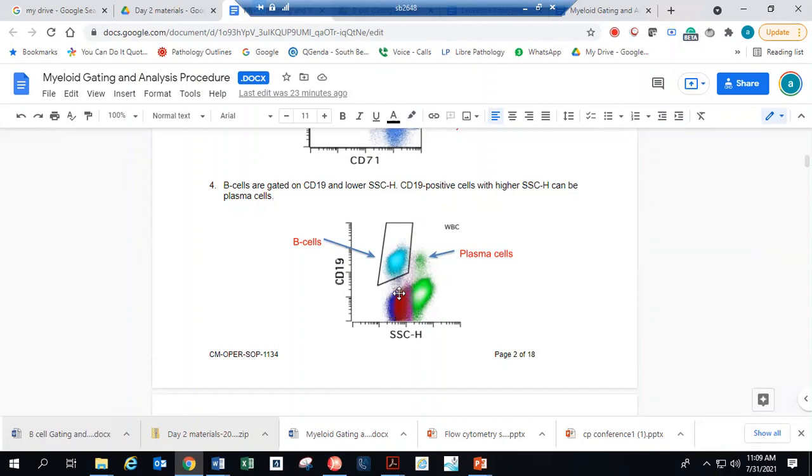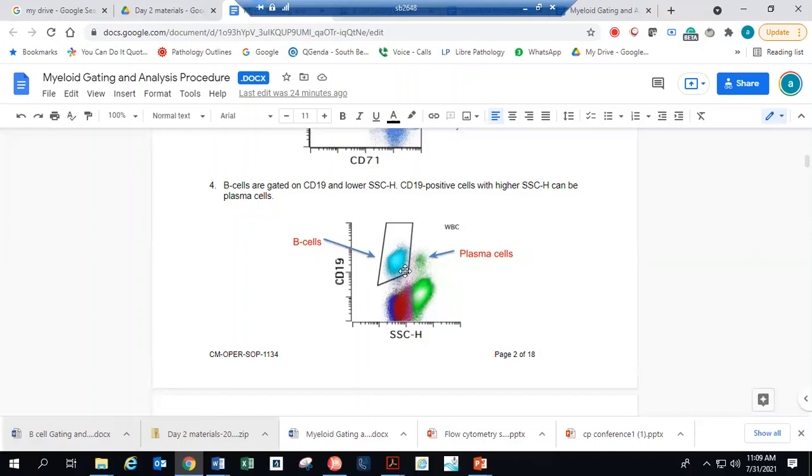Lymphocytes will have the lowest side scatter because they have no granularity, right? And monocytes will fall in between, as we spoke earlier. So over here, B lymphocytes will be more of CD19 positive and dim side scatter cells.